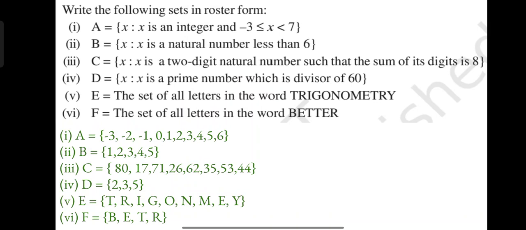So we have to specify T and R only one time, because we know that there should not be repetition in a set. Similarly, in the word better, we can see E and T 2 times. Okay, E comes 2 times as well as T comes 2 times, but since we know that in a set repetition is not allowed, we have to write it only one time. Okay, thus the answer becomes C and F.